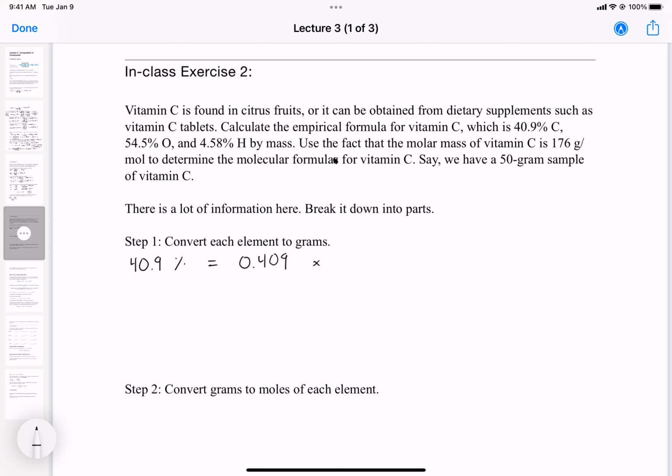Then we multiply by the 50 gram sample, and that will give us the amount of mass that is carbon. So we get 20.45.